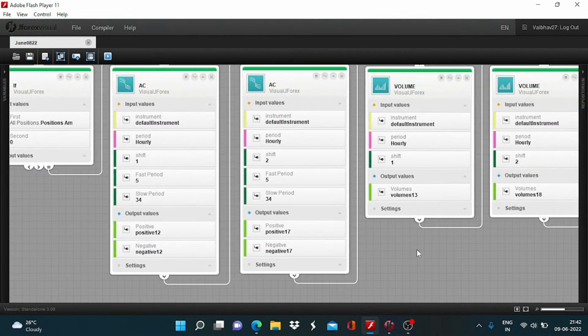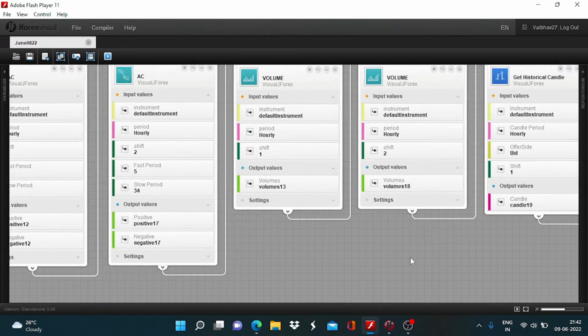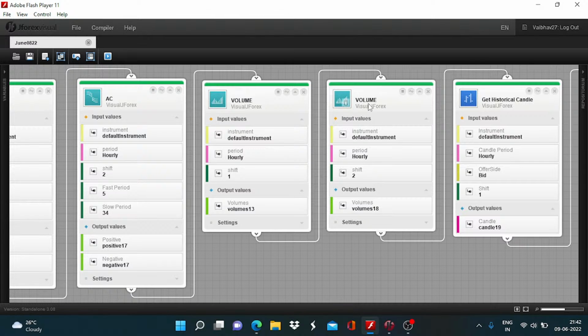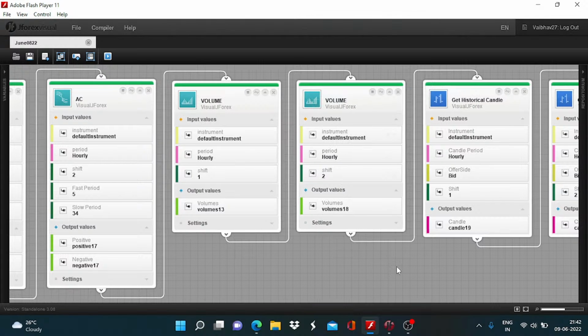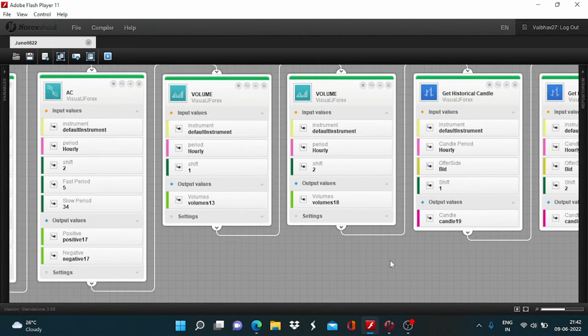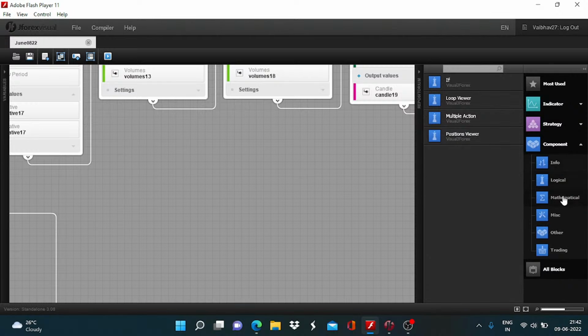I will have to multiply the positive 17 by 2, and similar multiplication will have to be done for volume 18 data. Volume 18 also needs to be multiplied by 2. All right. So I will take two calculation expression blocks here.